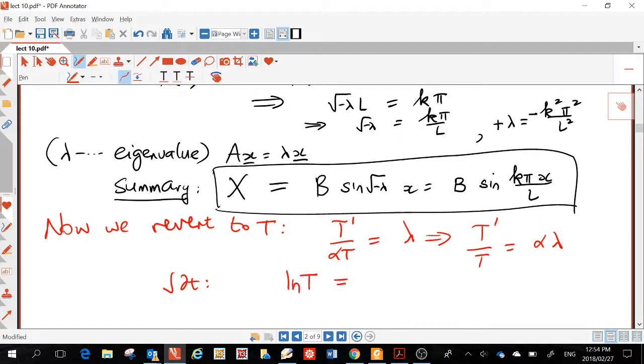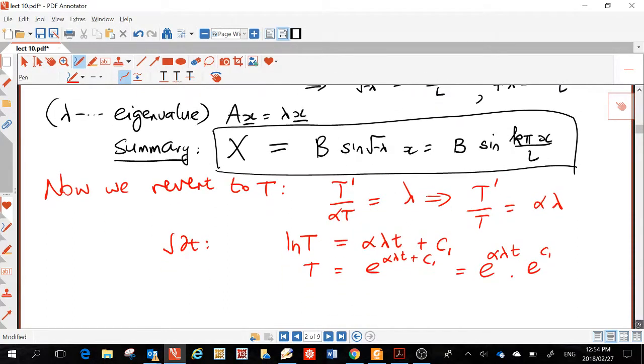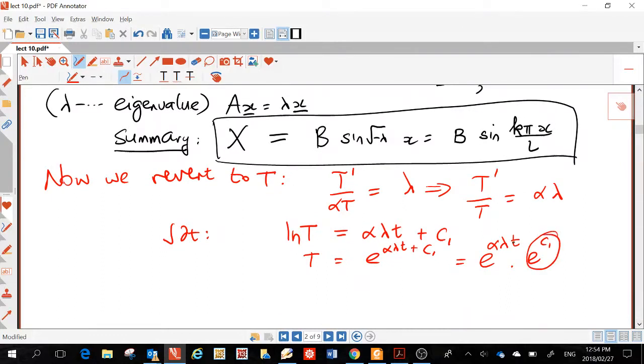Ln t equals alpha lambda t plus some constant. Let's call it c1. Okay? So I can say t is equal to e to the alpha lambda t plus c1, or e to the alpha lambda t times e to the c1. That's just a constant. So I can just say it's a constant times e to the alpha lambda t.